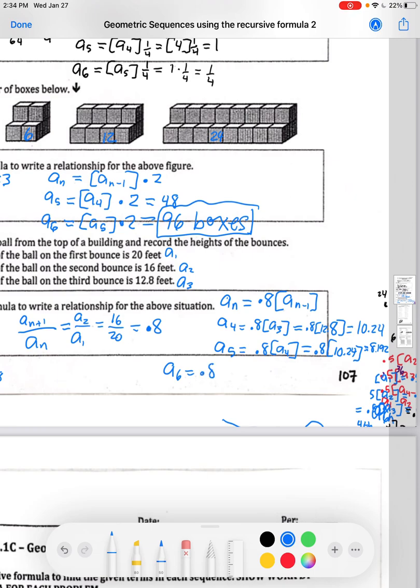A6 is going to be 0.8 times our previous one, A5, which is 0.8 times 8.192, which is 6.5536. So there's our answer.